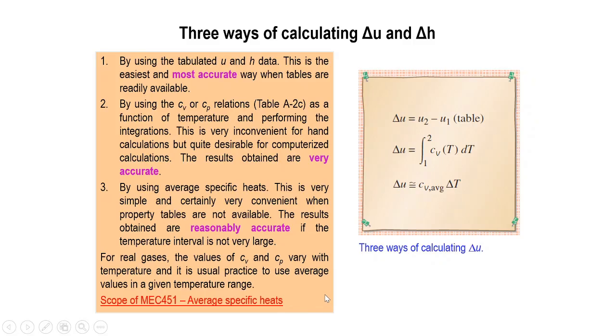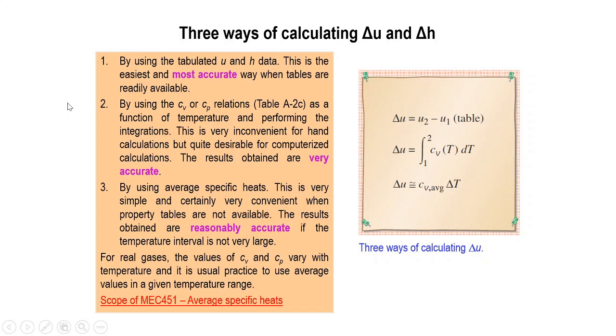So we have three ways of calculating the difference in internal energy and difference in enthalpy. First, using the tabulated internal energy and enthalpy data. This is the easiest and most accurate way when the tables are readily available.